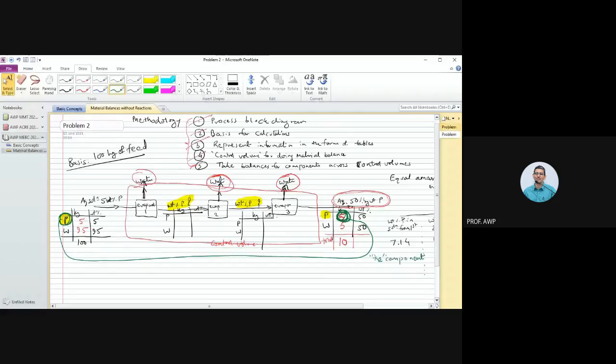In the same way, if I take not this red but this blue control volume, by material balance for P we can straight away say that this 5 kg is going to remain unchanged.